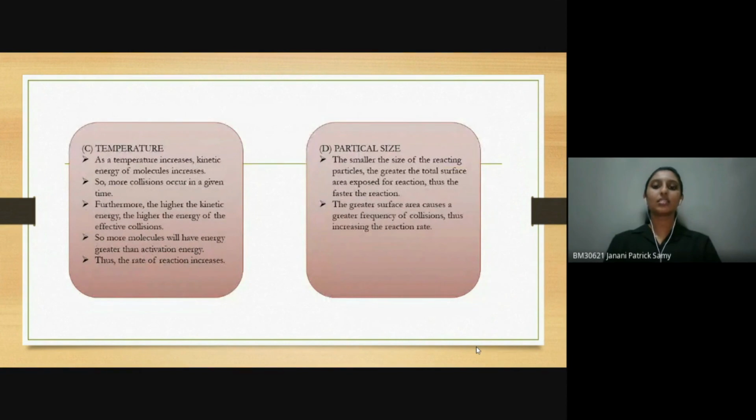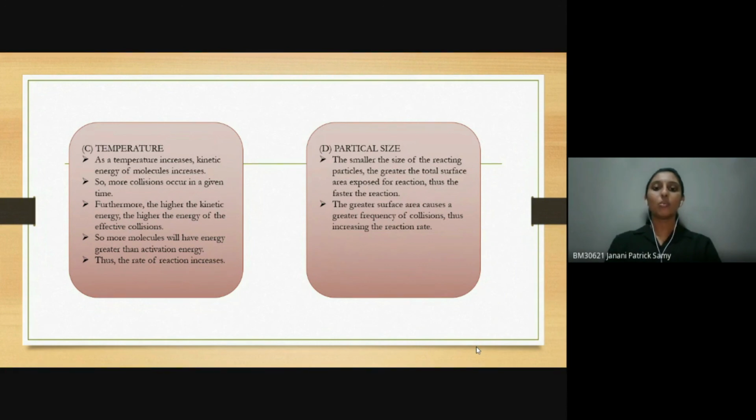So the third is temperature. As the temperature increases, the kinetic energy of molecules also increases. So more collisions occur in a given time. Furthermore, the higher the kinetic energy, the higher the energy of the effective collisions.